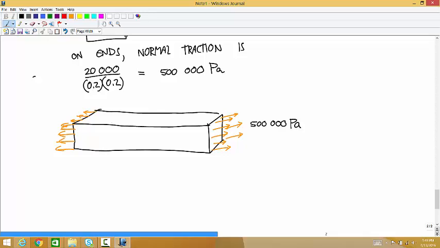On the top, we have a uniform distributed load that was already given, so that's pretty easy, 10,000 newtons per meter squared.